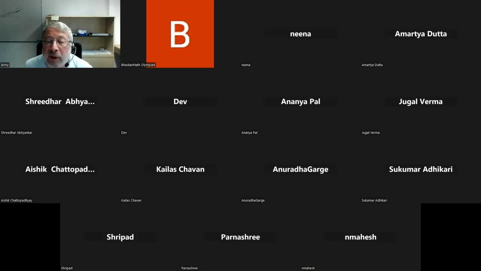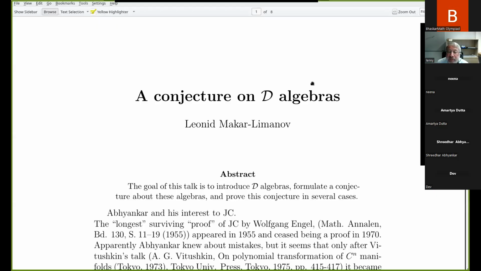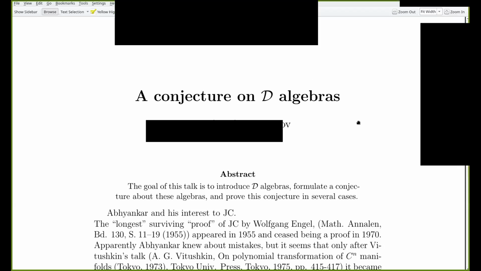A conjecture on the algebras. Open with Okular. Okay, so I opened it now. That's the only screen which I have now. So let us try sharing. Okay, great. Can you see it now?